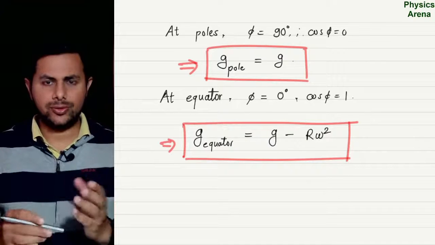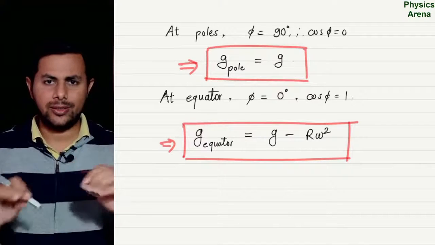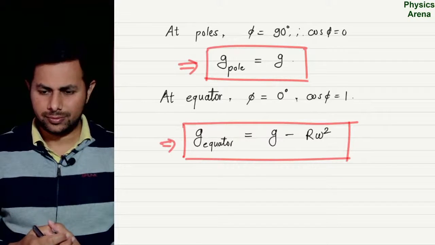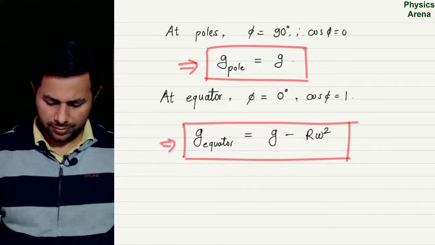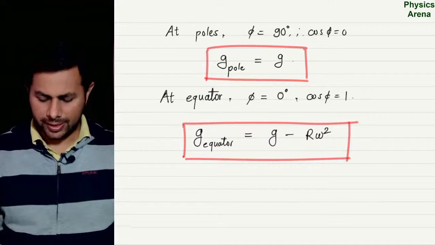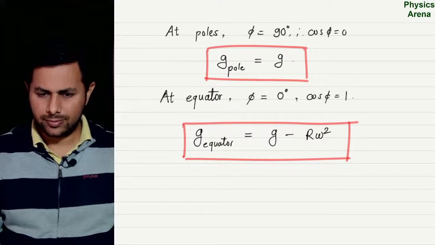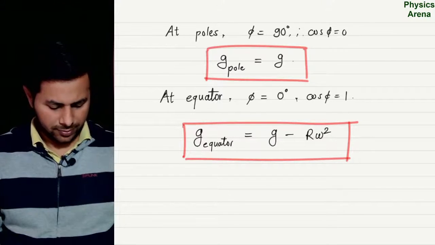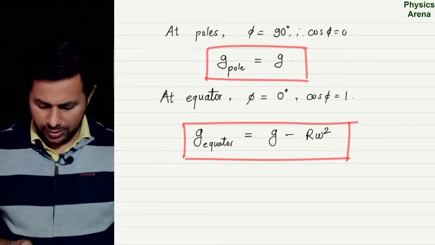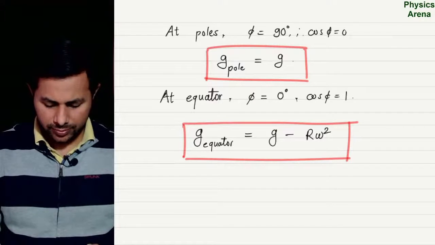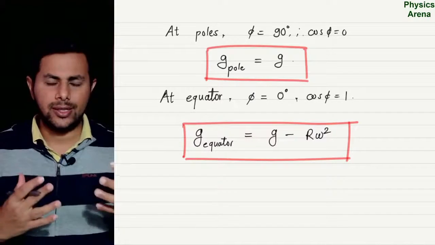We just need to know the angle made by radius vector with equatorial plane. Nothing else. And that's what we are using to define an altitude.